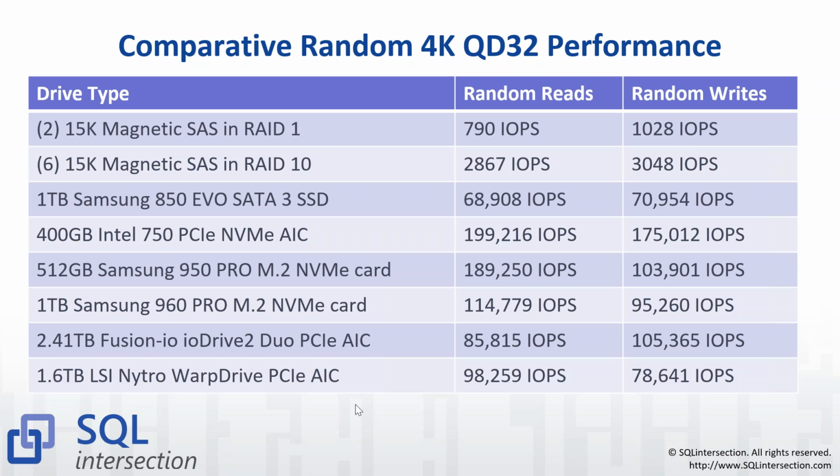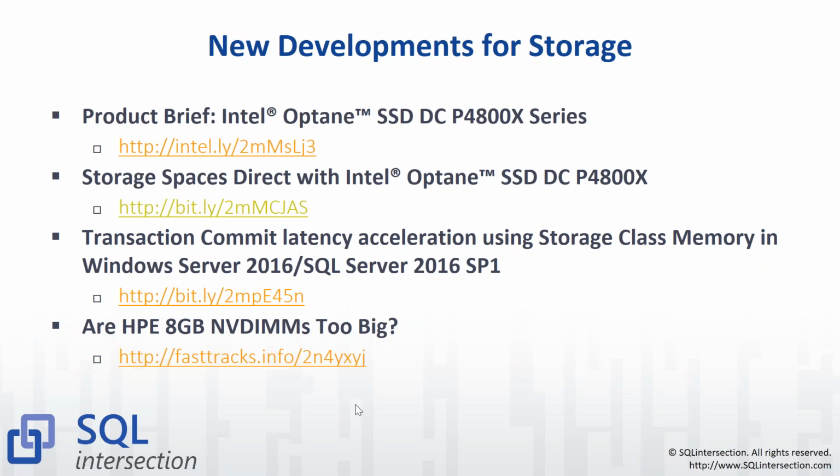All right, so I just want to throw out a few new things that have just come out that you might not be aware of. The first thing is Intel has a new product called Optane, is their kind of marketing term for it, but it's a new kind of flash storage that has much lower latency even than NVMe flash storage does and has better endurance.